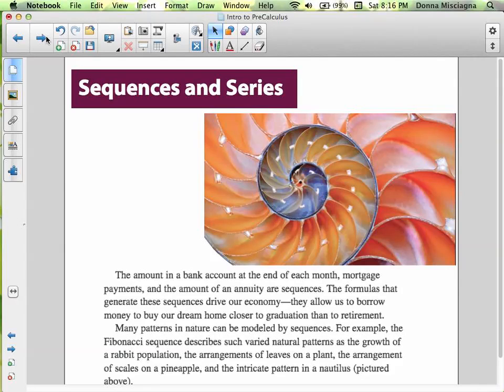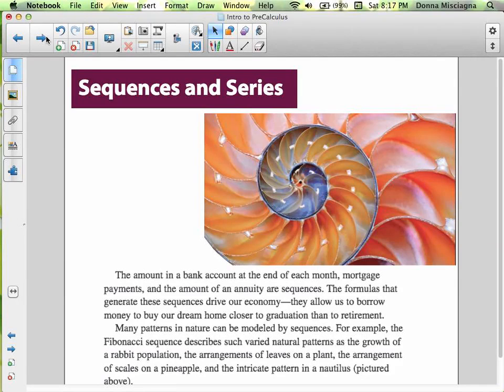Sequences and series. The amount in a bank account at the end of each month, mortgage payments, and the amount of an annuity are sequences. The formulas that generate these sequences drive our economy. They allow us to borrow money to buy our dream home closer to graduation than to retirement. Many patterns in nature can be modeled by sequences.